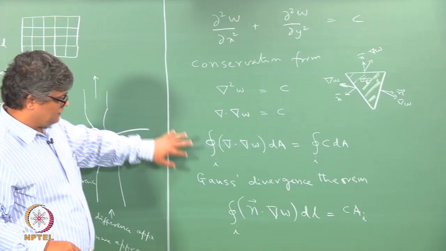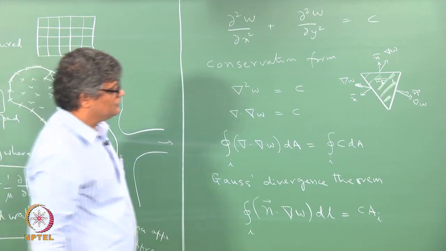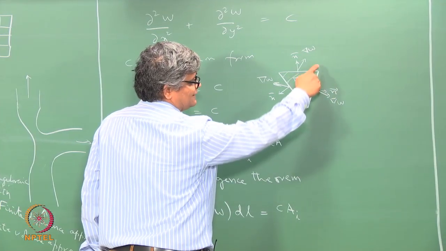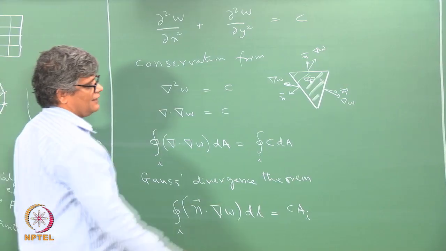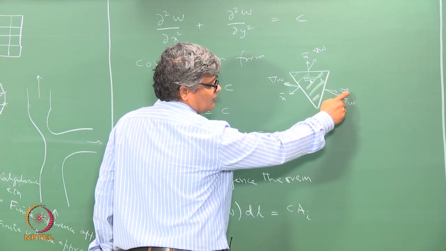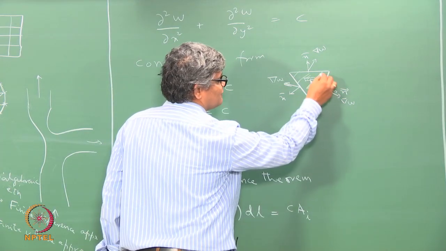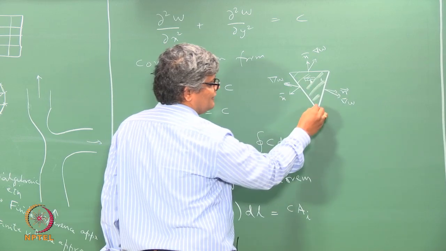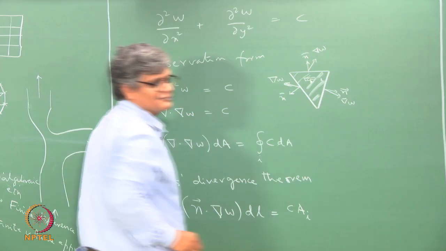The other possibility, which Gauss's divergence theorem allows us to do, is to evaluate the gradient along the face, along the three faces in this particular case, and then take a dot product of the normal vector with this. So, instead of it becoming an area integral over the entire area, we just have to evaluate the gradient only along the surfaces.